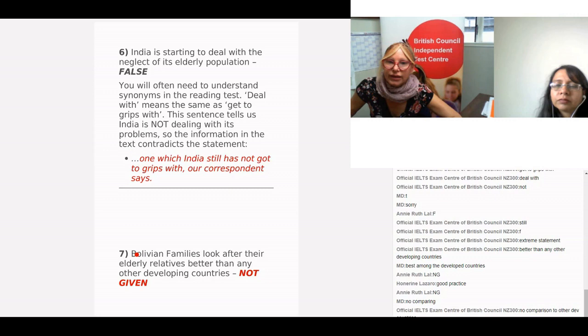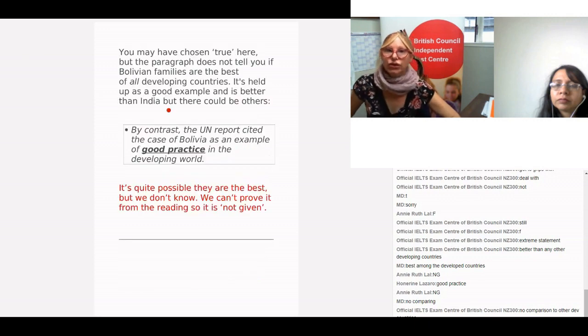And for number 7: Bolivian families look after their elderly relatives better than any other developing countries. Not given. So here you may have chosen true, but the paragraph does not tell you if Bolivian families are the best of all developing countries. Okay, it's held up as a good example and is better than India, but there could be others. Okay, so that answer is not given.